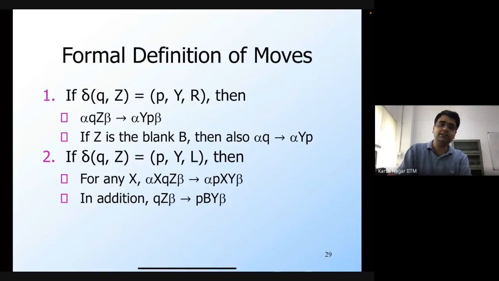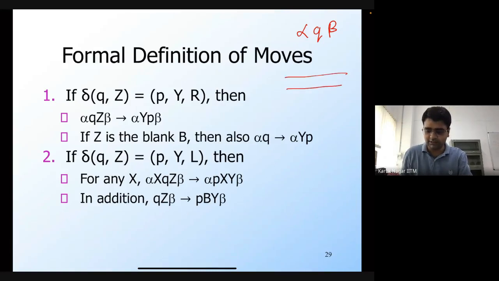So that is represented. The position of the state in this configuration represents the position of the read head. If you have a configuration like alpha, q, and beta, then what we are really saying is that on the tape we have alpha and beta, surrounded by blanks on both sides, and the read head points to the first symbol in beta.